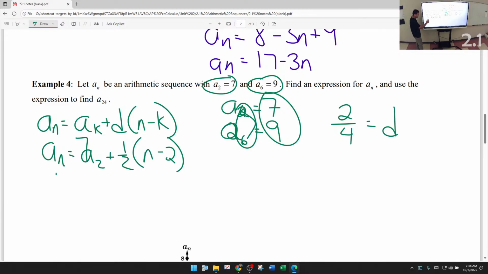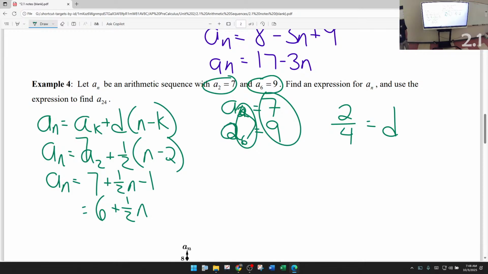And so we got A sub n equals 7 plus 1/2 times n minus 1. 7 minus 1 is 6. 6 plus 1/2 n. And if you use the other one, you would have got the same thing.